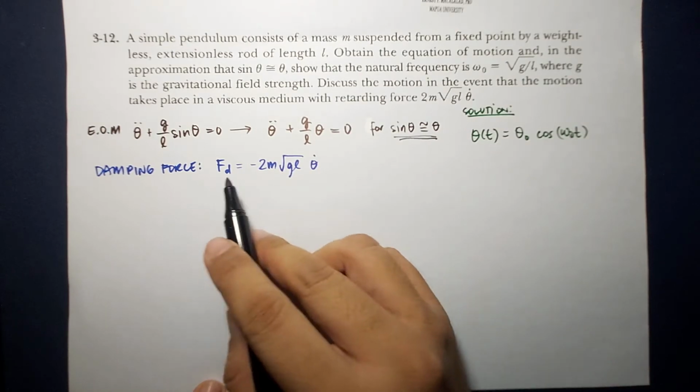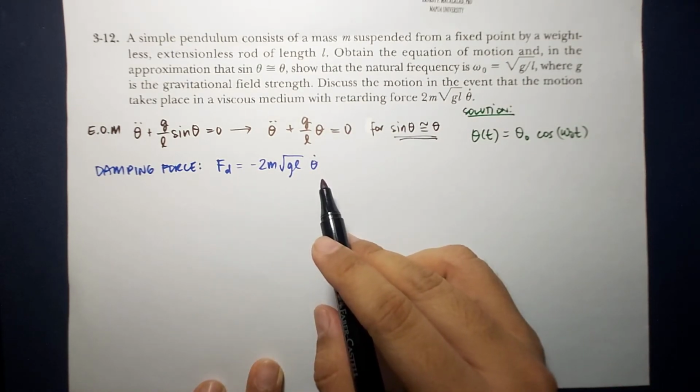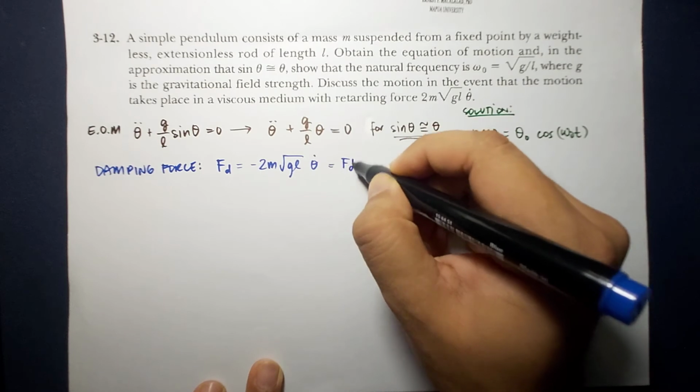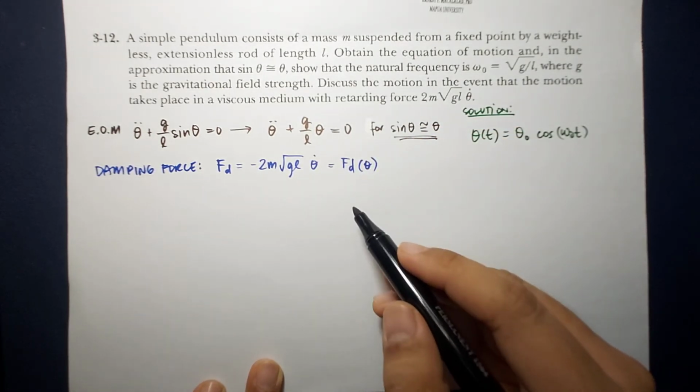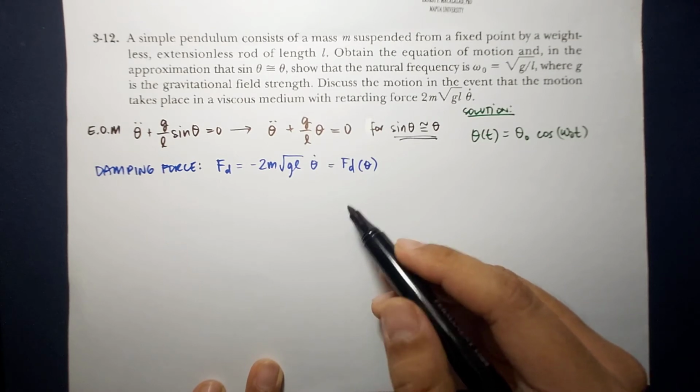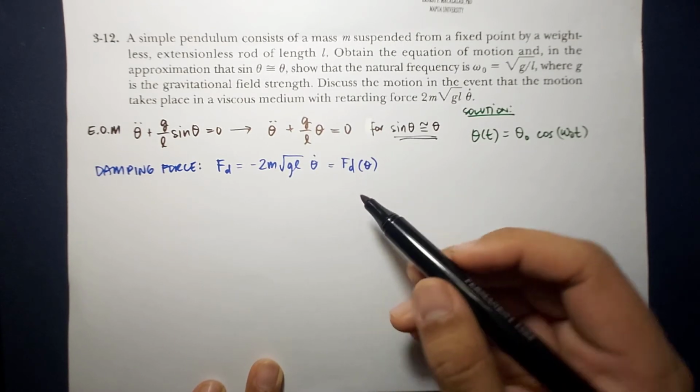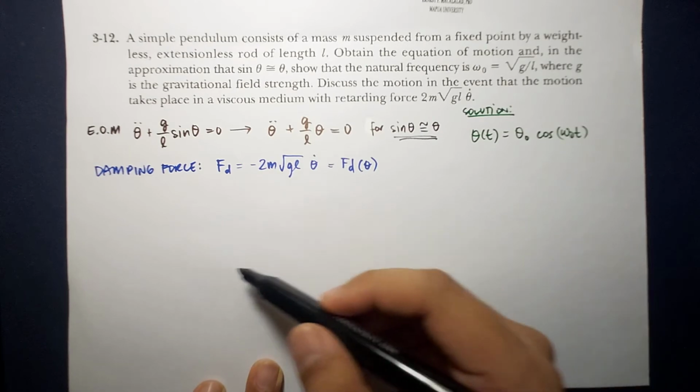So this is considered to be one-dimensional because the retarding force is a function of one coordinate only, although of course in real life it's actually moving in two dimensions.